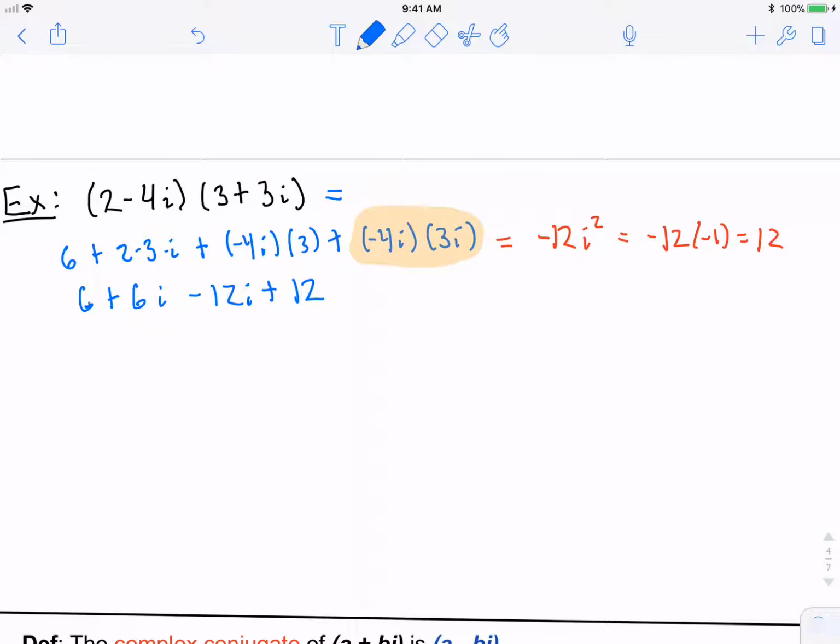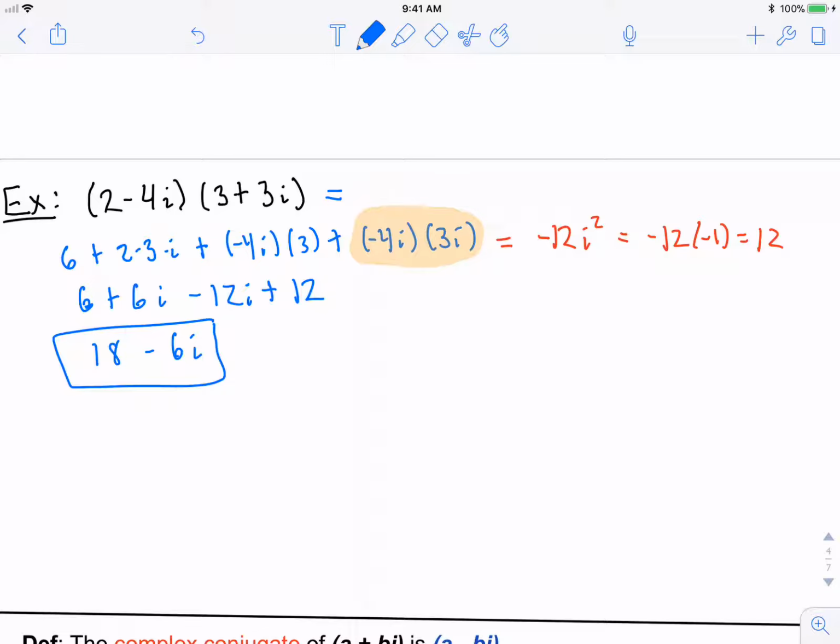Okay, now that everything's in place, we can combine our like terms here. 6 plus 12 is 18. 6i minus 12i is minus 6i. And we have our answer. 2 minus 4i times 3 plus 3i is equal to 18 minus 6i. And this is all there is to multiplication.